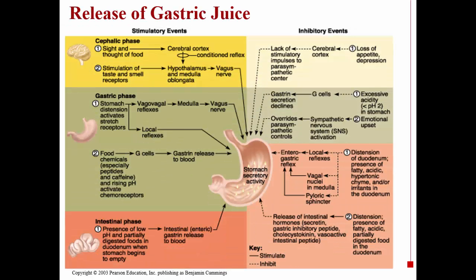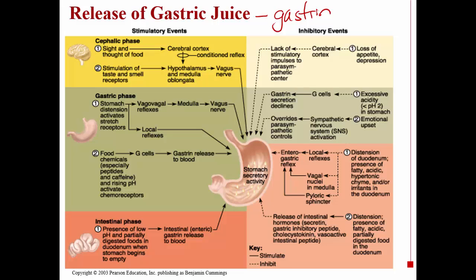Now this slide looks very busy, but it's essentially showing you all the things that we've mentioned about the release of gastric juice, and really what we mean here is gastrin. So remember, we talked about things that can stimulate the release of gastrin. This is always via a reflex. Things that occur in your head, that's called the cephalic phase.